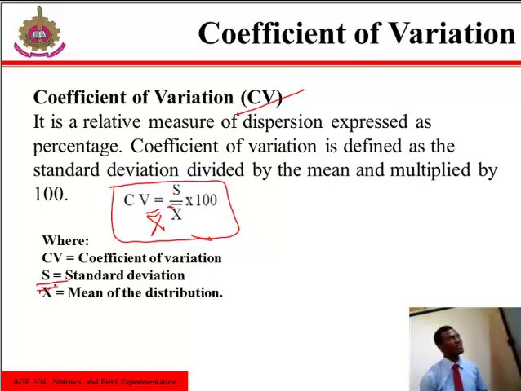The coefficient of variation is often used in comparing the relative dispersion of two or more sets of observations, and the group with the higher coefficient is said to have a wider spread.